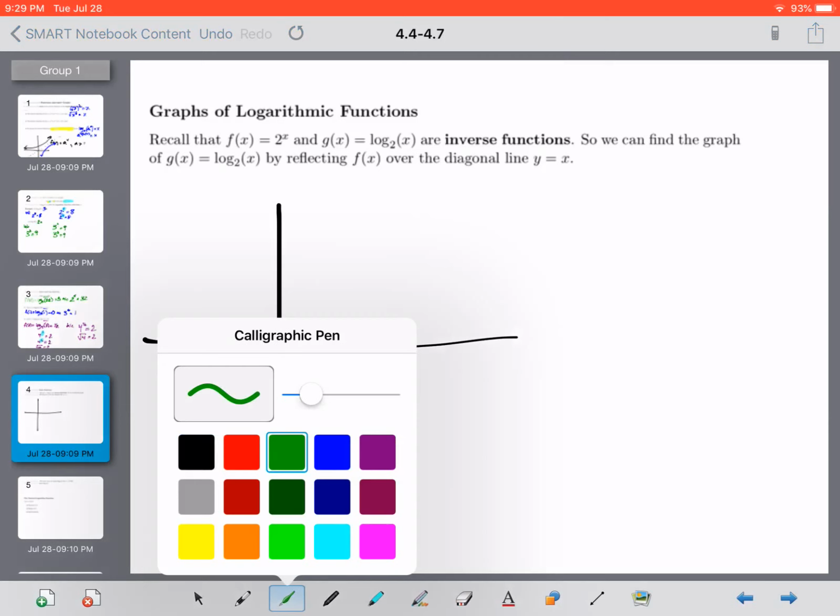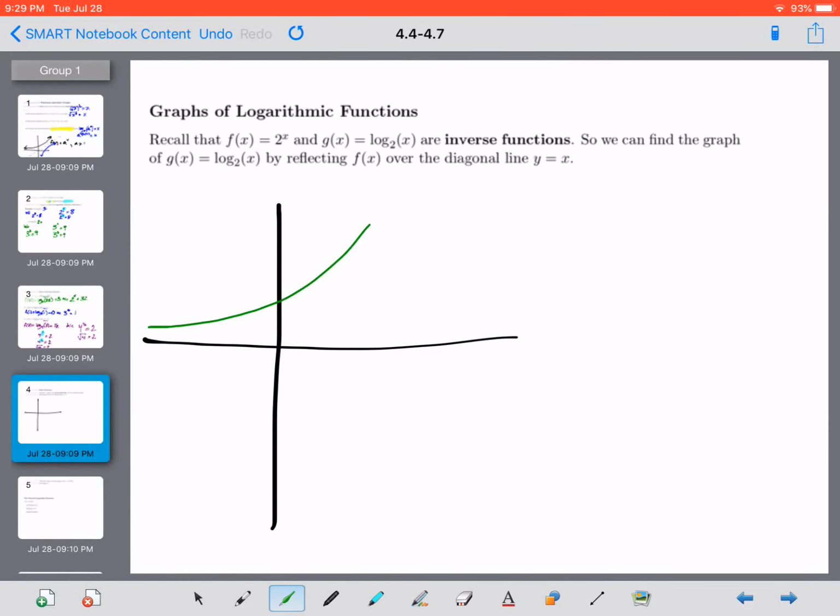We did this a lot in the last video. Remember, the function 2 to the x has a y-intercept at 1. This is 2 to the x. And it's got a horizontal asymptote as x goes to negative infinity. The outputs are approaching 0.